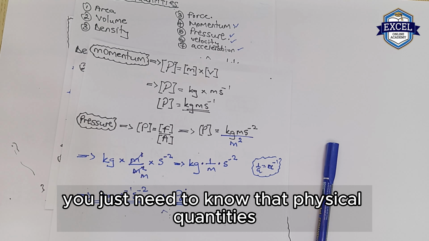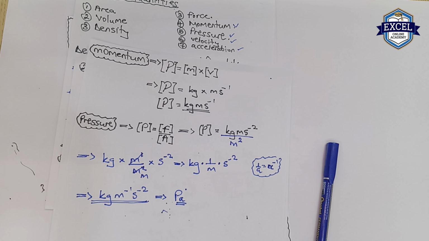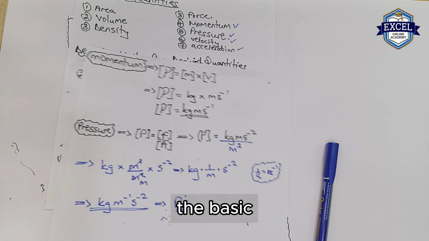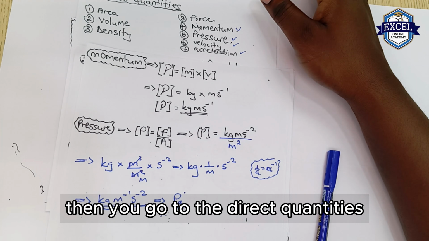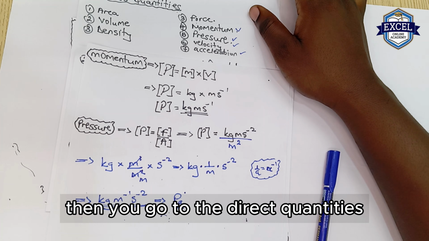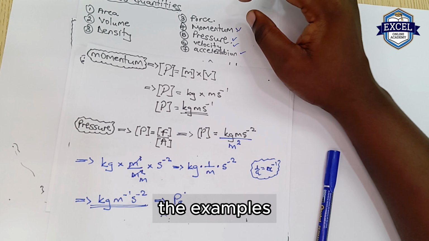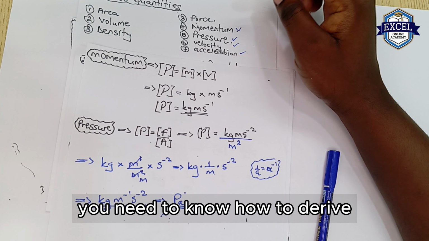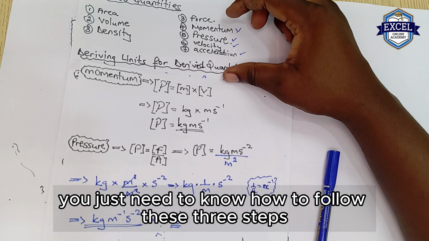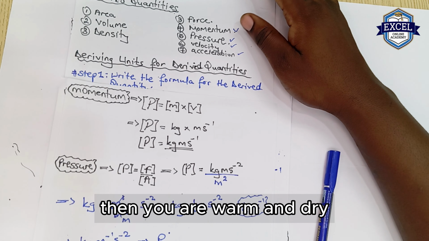You just need to know the physical quantities, the definition, the types, the basic quantities, then you go to the derived quantities. After knowing that, you need to know the examples, SI units, and on derived quantities you need to know how to derive. You just need to follow these 3 steps that I have just listed. Then you are warm and dry.